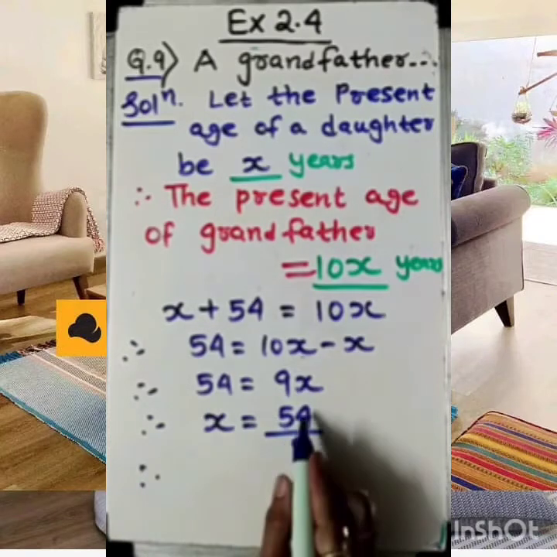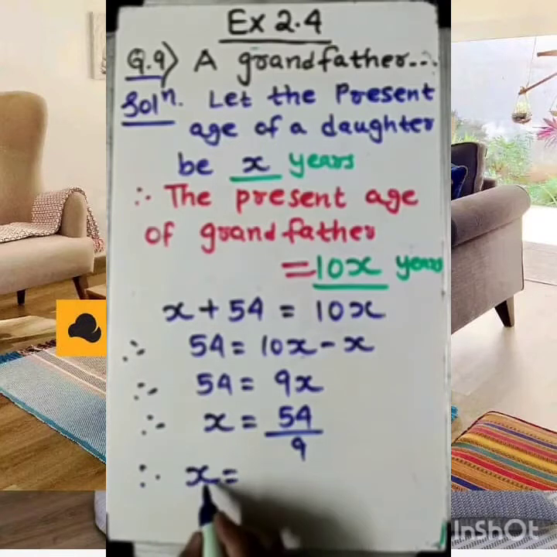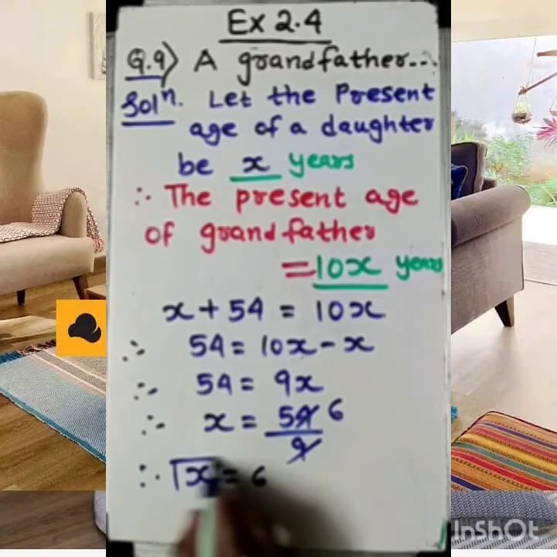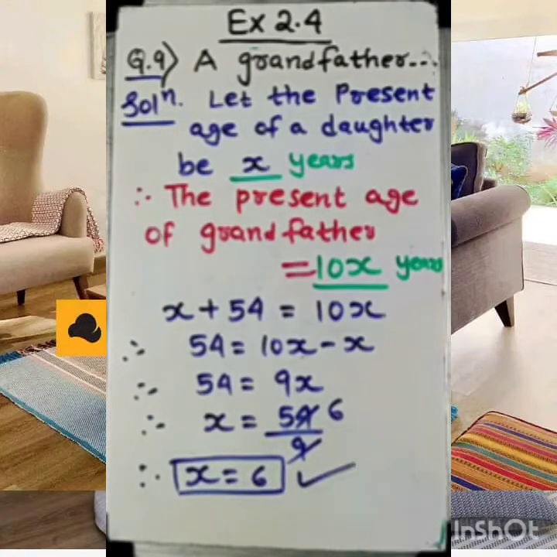If we divide 54 by 9, the value of x will be, 9 6 54, the value of x is equal to 6. Find their present ages. We got the value of x. Now we need to put this value of x in their required ages and we will find both of their present ages. Let's work on that.